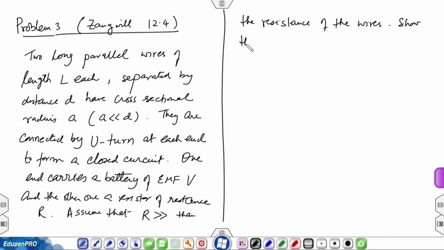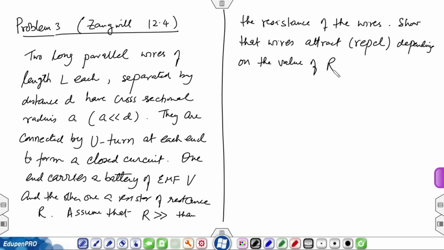Show that the wires attract or repel depending on the value of R, and find that value.